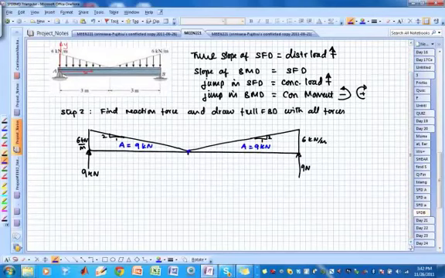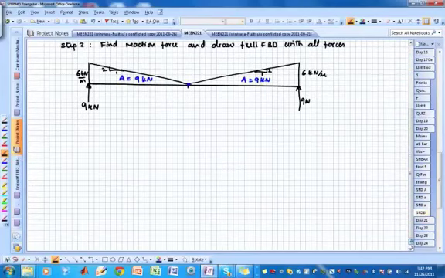So now we draw the shear force diagram. I'm going to draw a line here, and I'm going to start up. The first thing is very easy: I'm going to jump up by 9. So 1, 2, 3, 4, 5, 6, 7, 8, 9.